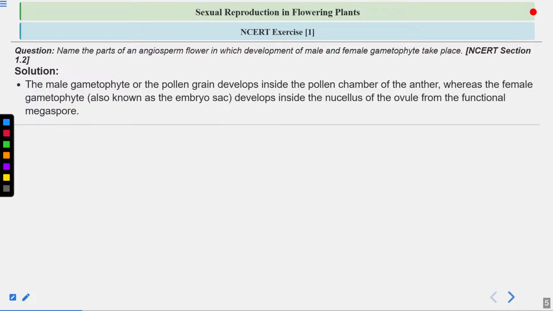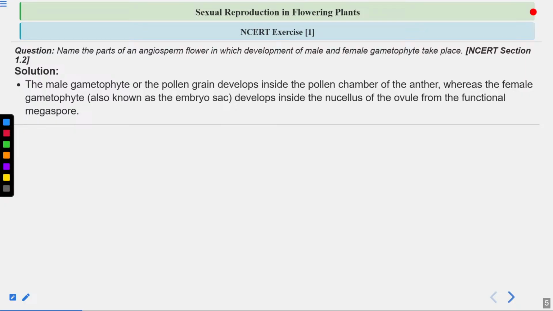Whereas the female gametophyte, what do we call the female gametophyte? Embryo sac. That develops inside the nucellus of the ovule from the functional megaspore. So one of the functional megaspores forms the embryo sac.